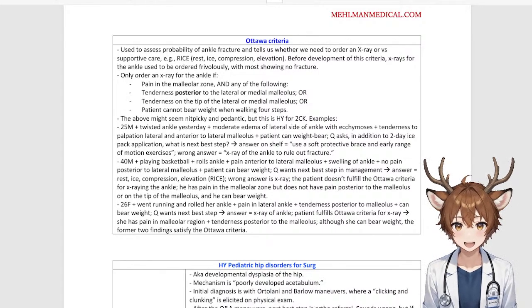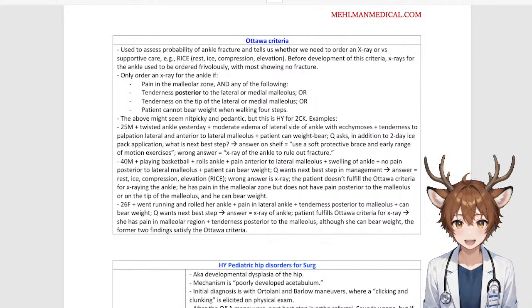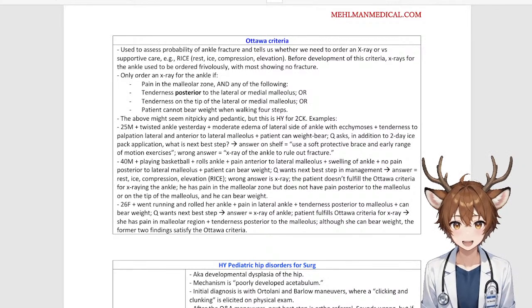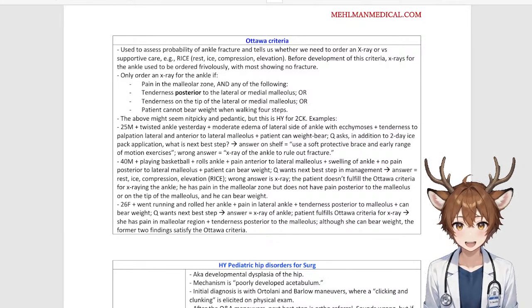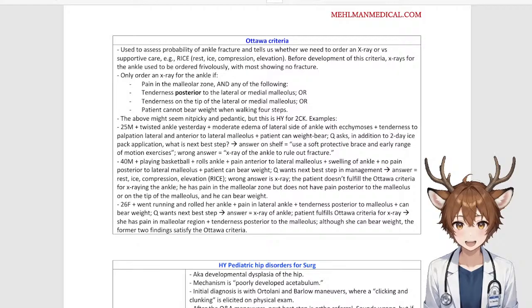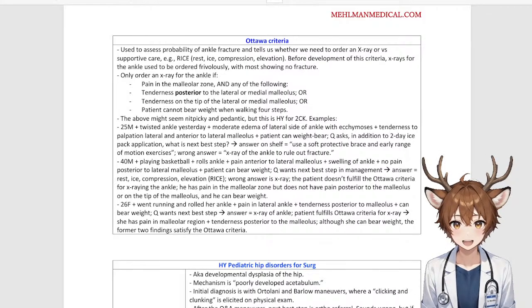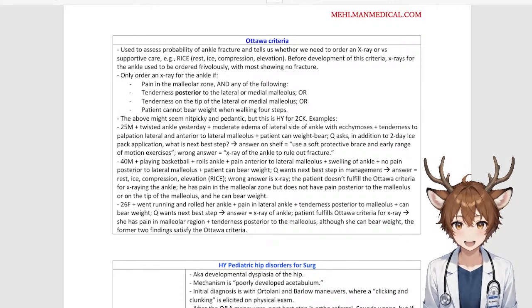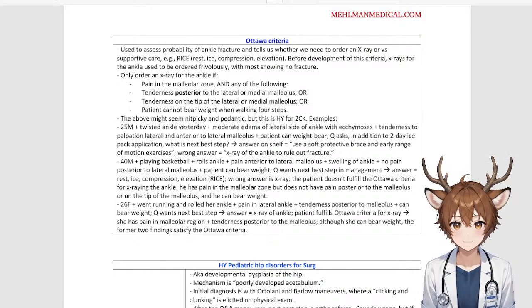Okay, next one. 40M, I assume a 40-year-old male, playing basketball, rolls ankle, with pain anterior to the lateral malleolus, plus swelling of the ankle, no pain posterior to the lateral malleolus. It says no pain posterior, right? No pain posterior doesn't indicate any pain in the tip. It indicates only anterior pain. Can bear weight. Question wants the next best step.